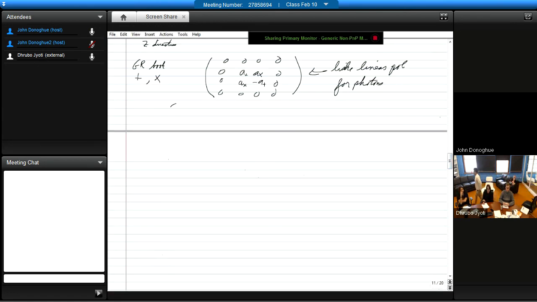So let's now use this to do gravitons. Basically what I'm going to do here is second quantization.